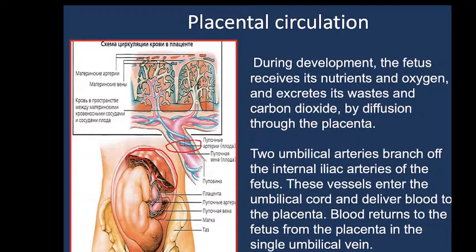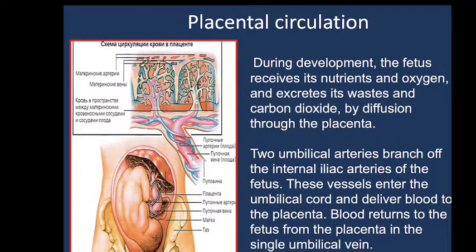And the umbilical cord consists of one large umbilical vein and two small umbilical arteries. Here you see arteries. They are blue, and the umbilical vein is red. Why are arteries blue and veins red?